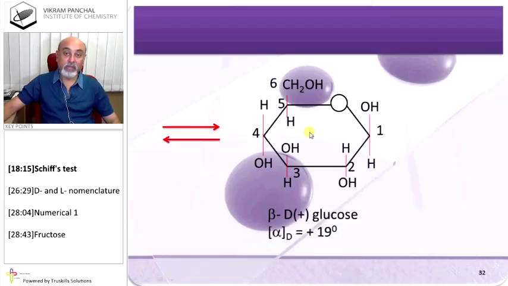That means it is beta D plus glucose, whose specific angle of rotation is 19 degrees. And it is also reversible and it can produce the open chain structure. So this way, alpha D plus glucose in aqueous solution is converted to the open chain structure, and again the open chain structure can be converted to beta D plus glucose, and the whole process can be reversed also.